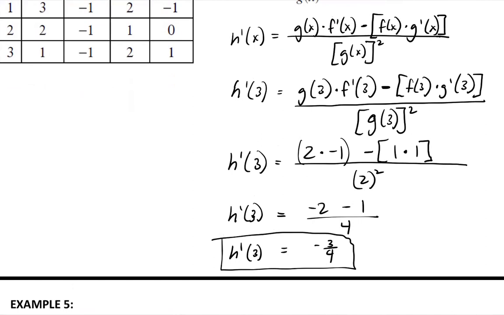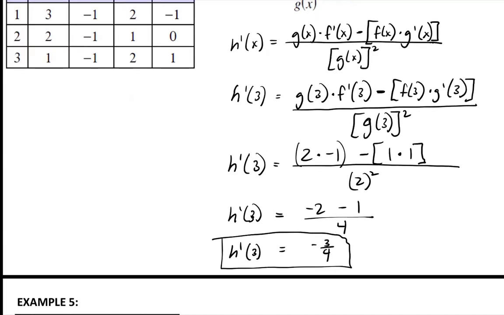Then I plugged in 3, found the values for 3, simplified, done. -3/4. So it's exactly what you guys have been doing. The only difference is you really have to use the rules now. And there is no simplifying or anything like that. It's just plug in the values.